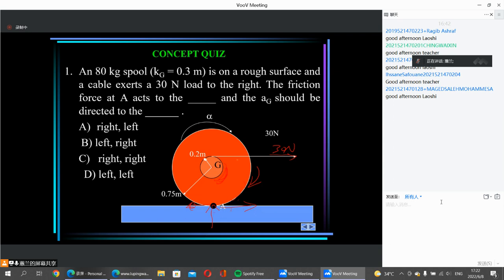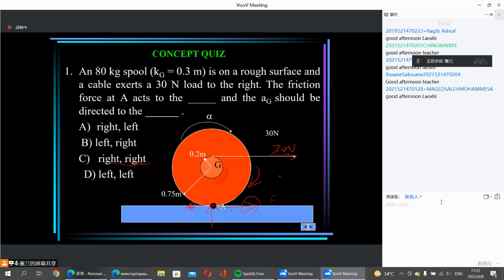Am I right? But here, because the angular acceleration is given, if it's slipping, the point A will have a tendency to move to the left. So the friction force should be to the right, right? And a_G should also be to the right, right?